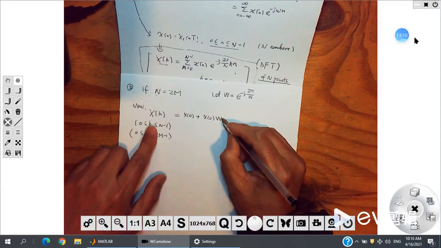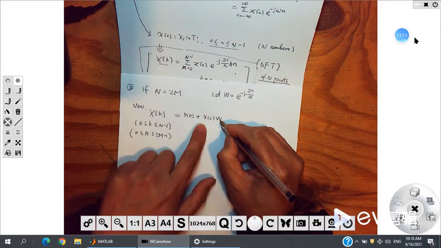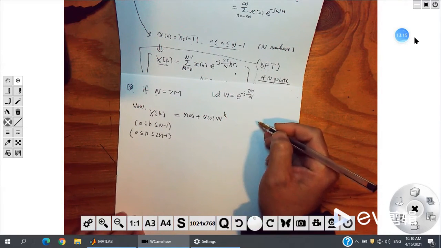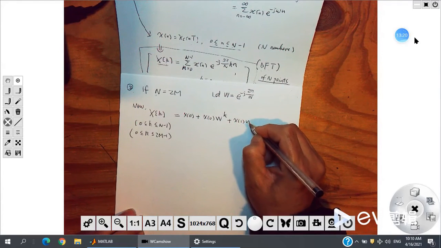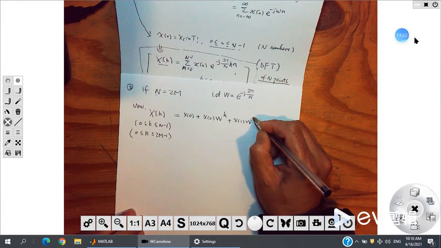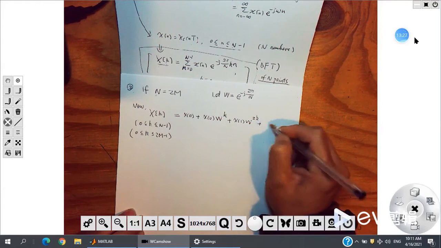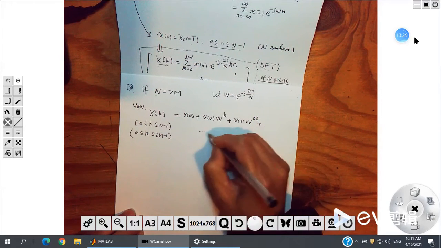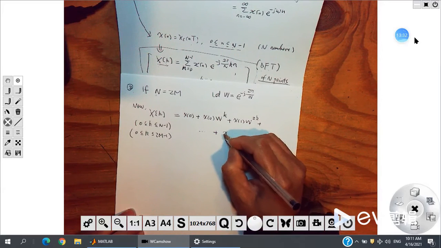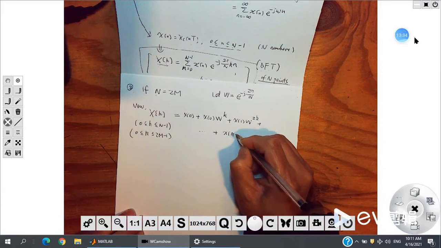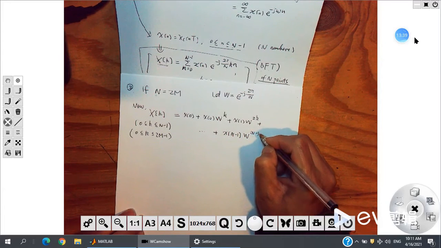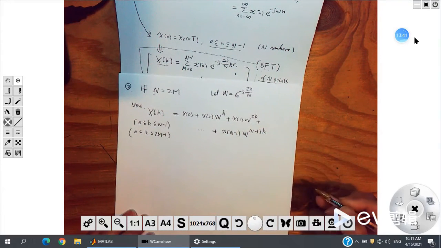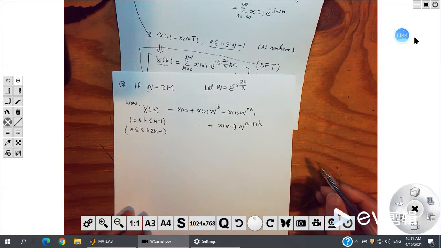Now k is k, but n is 1, so this is w to the k. And x of 1 times w to the 2k, n is 2. Plus the last one, x of n minus 1, with w to the n minus 1 times k. Now what can we do?